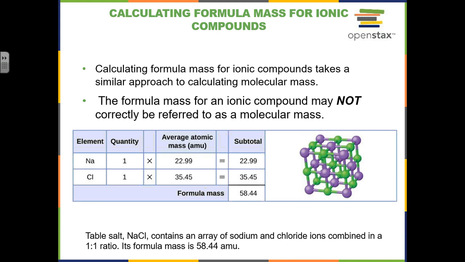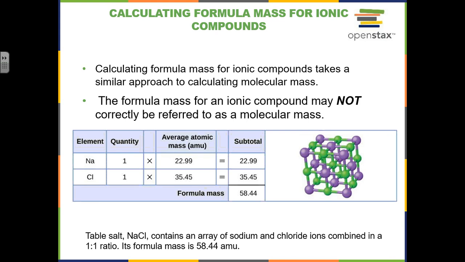When you're looking at this idea of molecular mass, one of the things that needs to come out is an understanding that the approach is relatively the same to find that number, but the terminology is slightly different. Sometimes you might see in the text something called the formula mass. The formula mass is synonymous in the sense that you're calculating the same value, but it's not the same terminology.